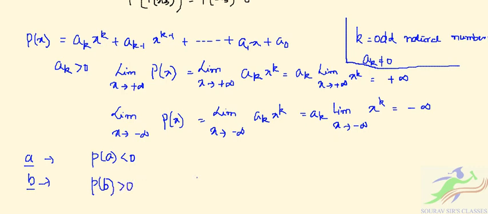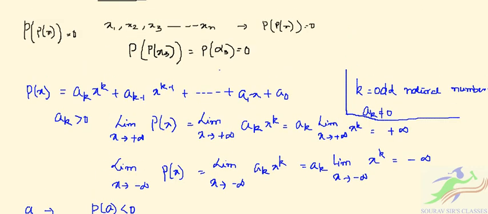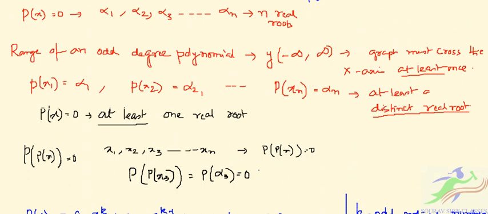So there exists c between a and b such that P(c) = 0. So P of alpha 3 will also be 0, and it will have at least a distinct real root, and this is because P(x) is an odd degree polynomial.